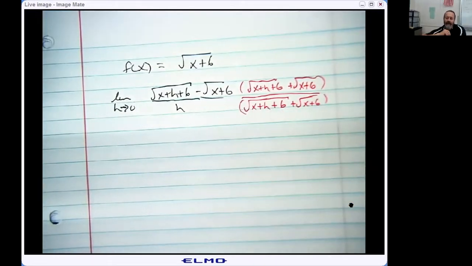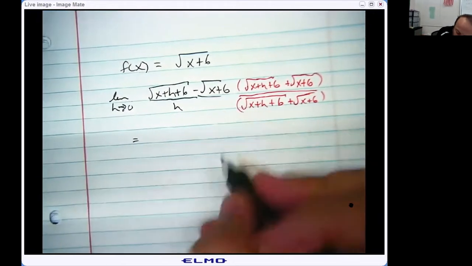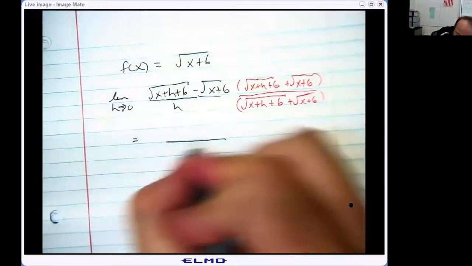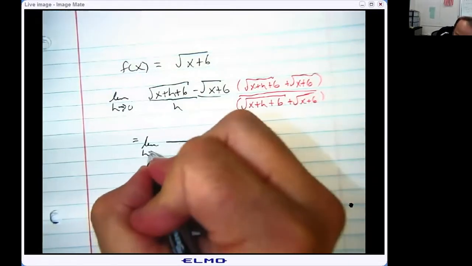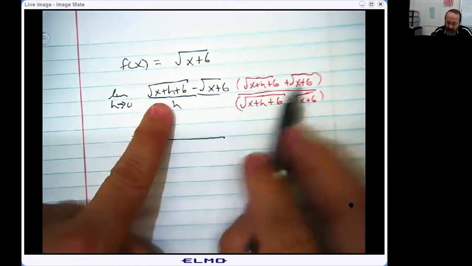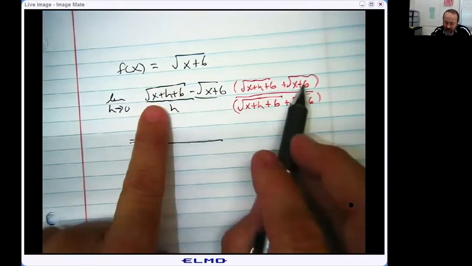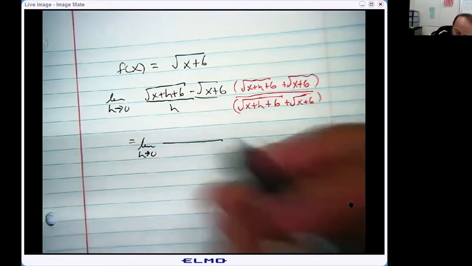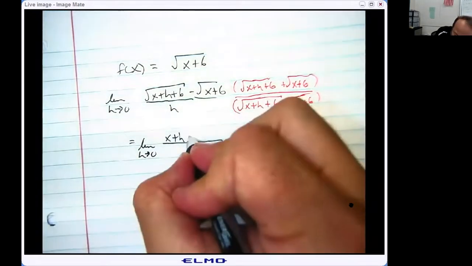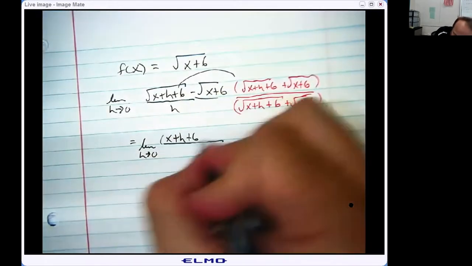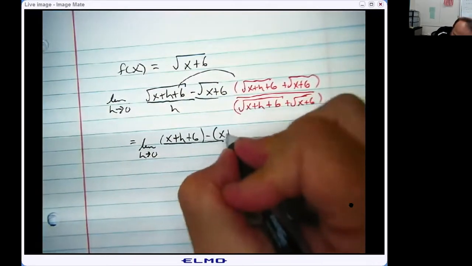In that previous problem, it was actually a little hard to do the numerator. This one is designed to be sort of nice because when you distribute, the outer and the inner terms are complete opposites. That's why we did the conjugate. So you have x plus h plus 6 from this first chunk, and then you have a minus x plus 6 from the back chunk.